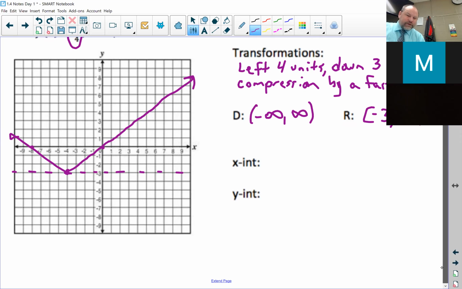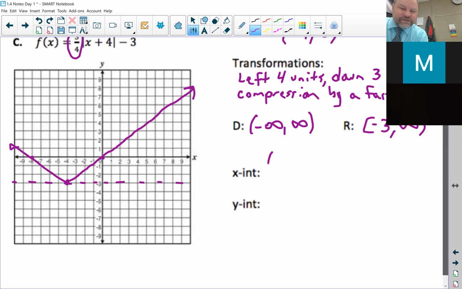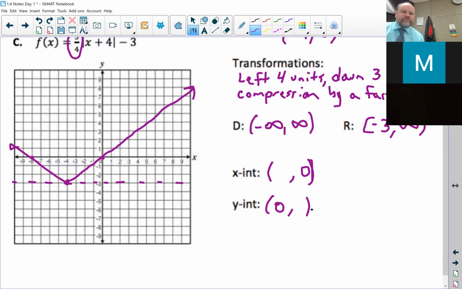X-intercepts. Where do we cross the x-axis? Well, there's one place that I cross the x-axis.